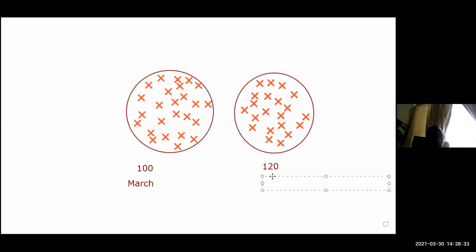The price levels help us to calculate the inflation rate. The inflation rate basically will be the difference between the price levels, how the cost of the basket has changed over the period. So this will be month-on-month inflation. You can also do year-on-year inflation where you compare across years.